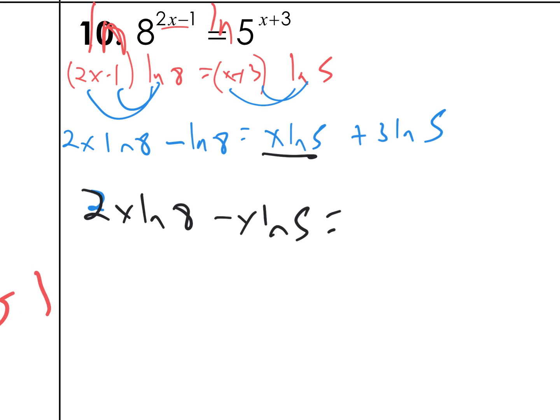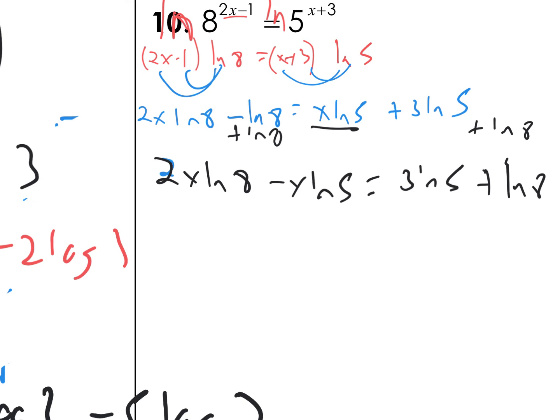On the right side, I still have the 3 natural log of 5, and I'm going to move the natural log of 8 over. How will I move it over? Do I subtract it? I add it because it's a minus. I add natural log of 8 to both sides. Nice job. Add natural log of 8 to both sides.